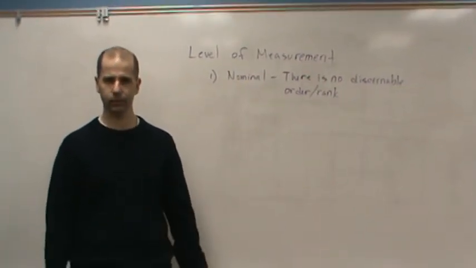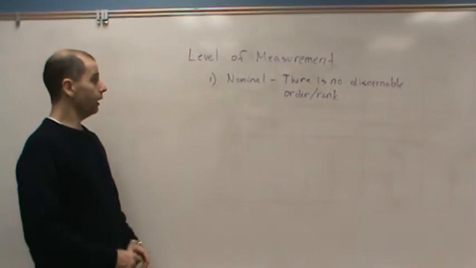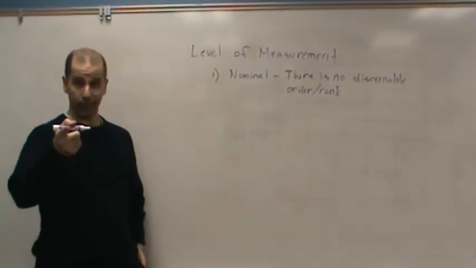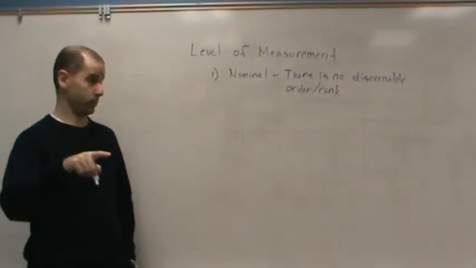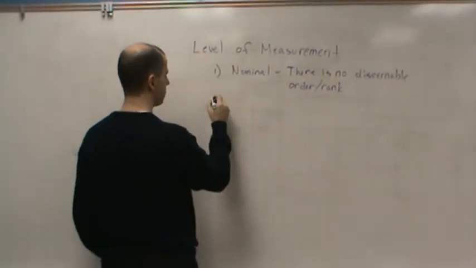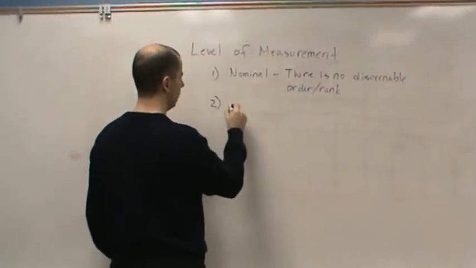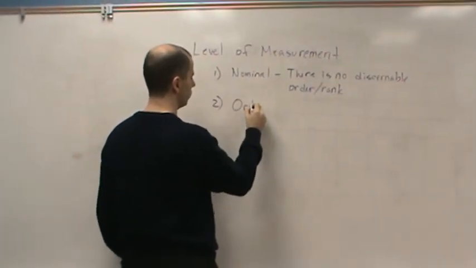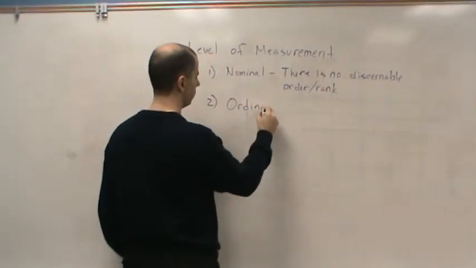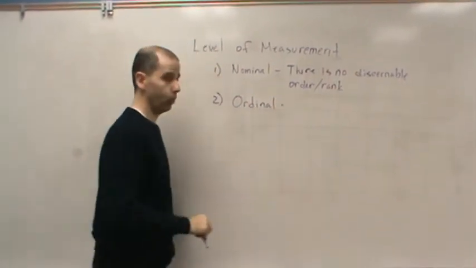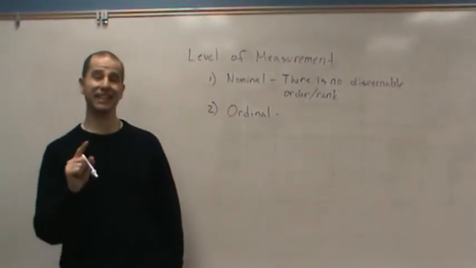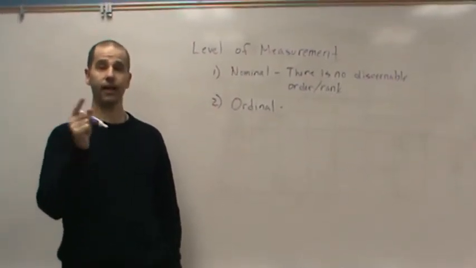Okay, makes sense? Now, that type of data would have the second level of measurement that I'm going to refer to. Number 2, the second level, is what we call ordinal. Ordinal level of measurement. So this is categorical data that does have a rank.